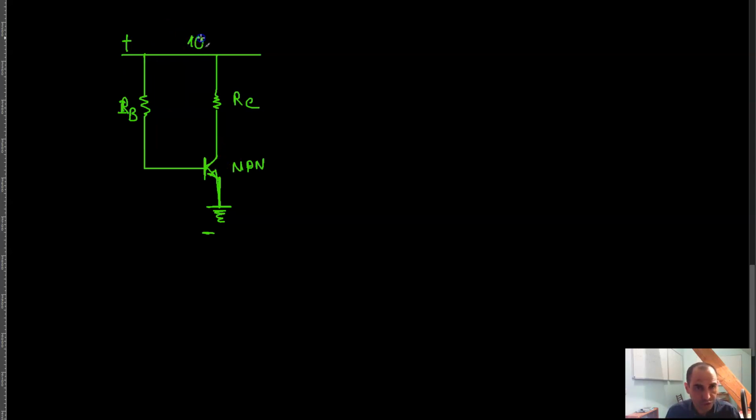Now suppose that this voltage is 10 volts and this resistor is 100 kilo ohm, and suppose that this R of C is equal to 1 kilo ohm, and the beta of this transistor is equal to 50.